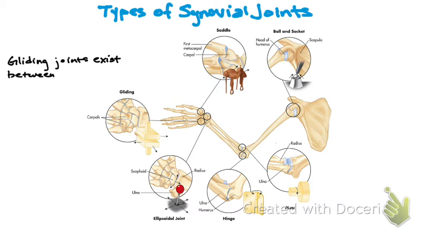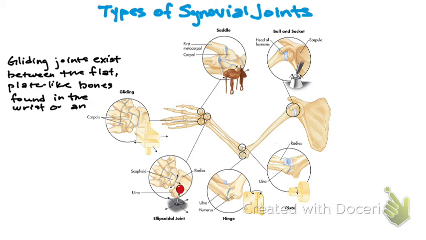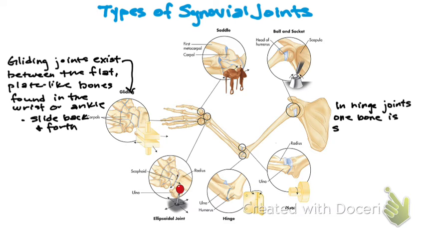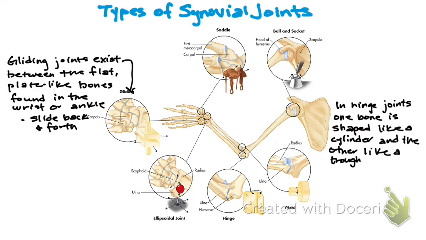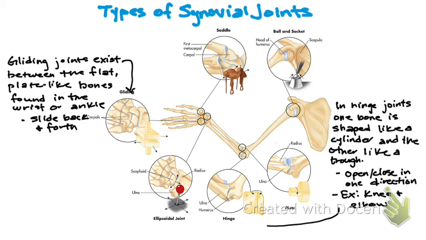Gliding joints exist between the flat plate-like bones found in the wrist or the ankle, and they can only slide back and forth. Hinged joints contain one bone which is shaped like a cylinder and another like a trough. These joints open and close in one direction, and an example is the knee or the elbow.